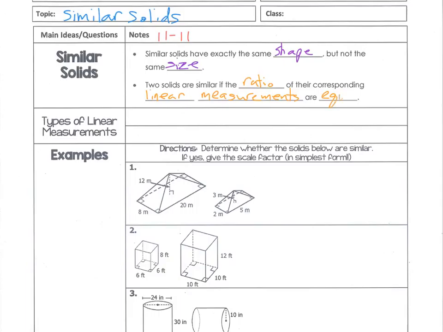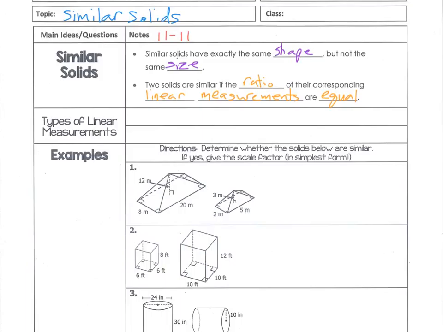So the ratios are equal. If you remember, ratios are called scale factors. So we're using the dilation information here to test to see, are the solids similar? You can't just go based upon your eyeballs.